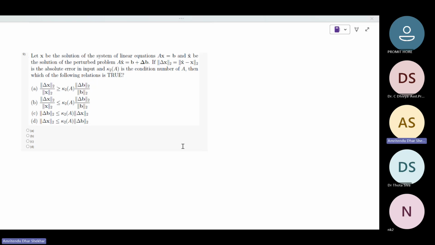So you're given this system of equations.